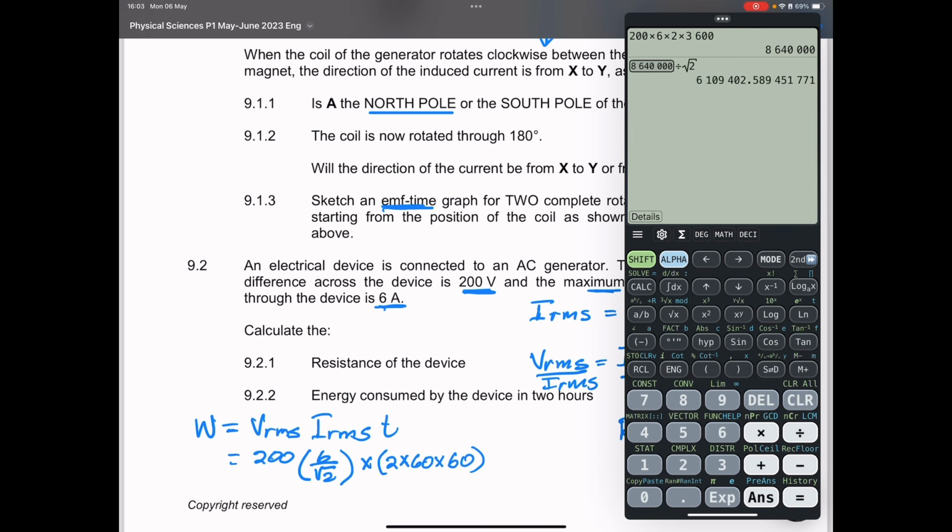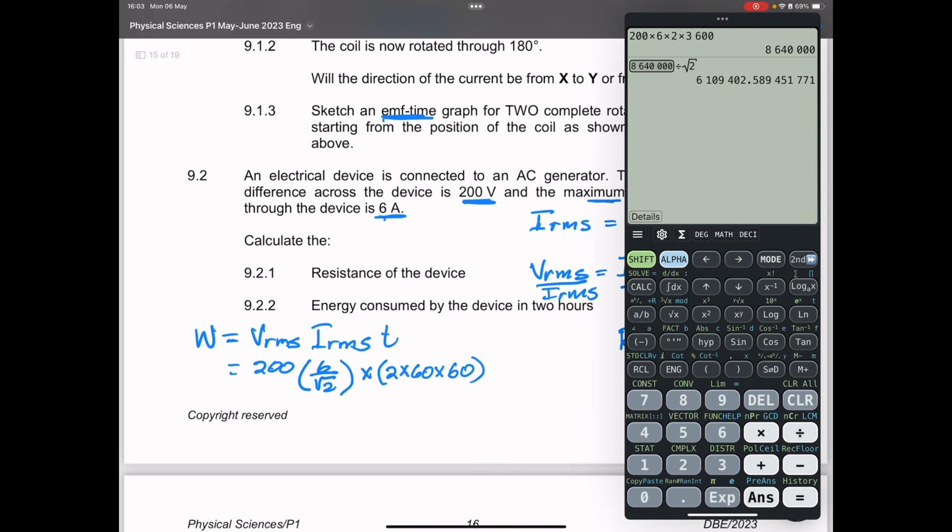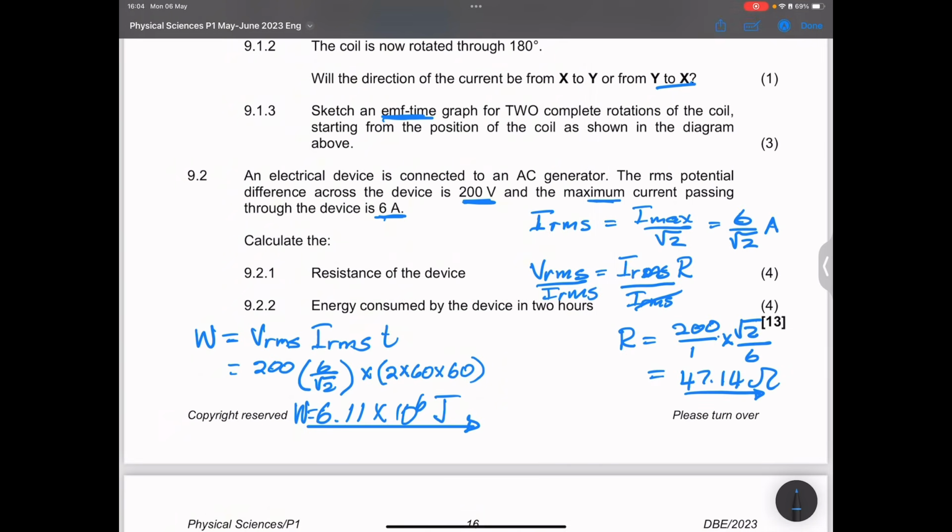And ladies and gents, as I continue to say, you can calculate this in the way that you find suitable for you. So I'm going to say that the energy is 6.11 megajoules, or you can say times 10 to the power 6 joules. Remember that energy is always measured in joules. Okay, ladies and gents, and really that's how that question ends.